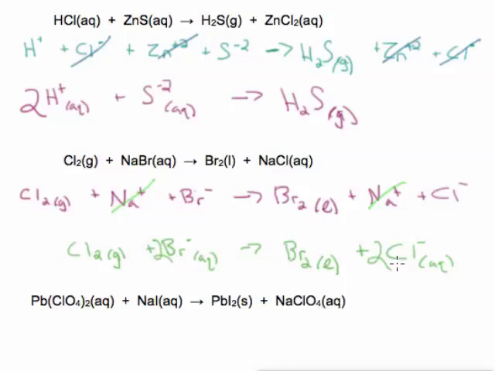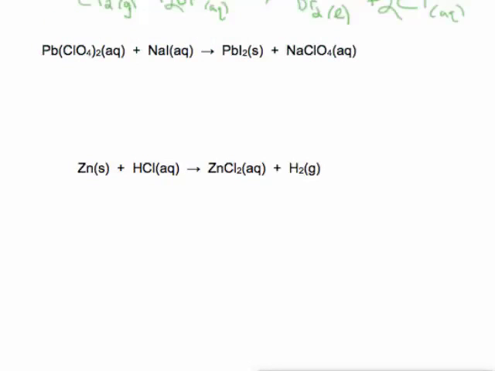So for this first one, we're looking at it, and you might wonder, do you have to break the polyatomic ion up? Is this chlorate? You do not. You can just keep it as itself. And it's got a charge of -1, which means that our lead is +2, because there's 2 of those.